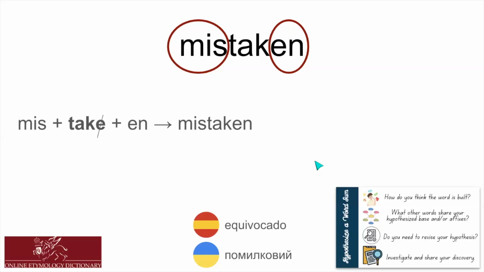I believe the base is TAKE, as in to take. And EN as my suffix. This is how you would read this word sum. MIS plus TAKE plus EN is rewritten as MISTAK. Replace the EN, mistaken.